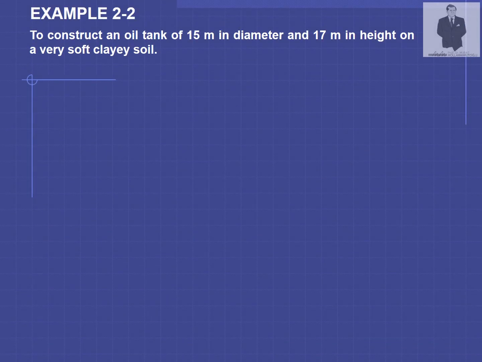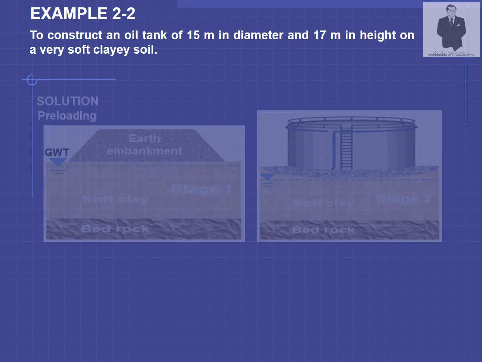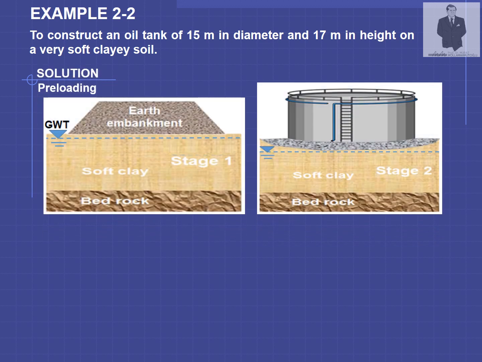In here, the idea was to construct an oil storage tank of 15 meter in diameter and 17 meter in height on a very soft, compressible clay soil. And the solution was to use the preloading technique.